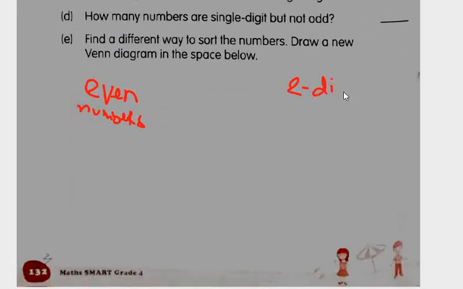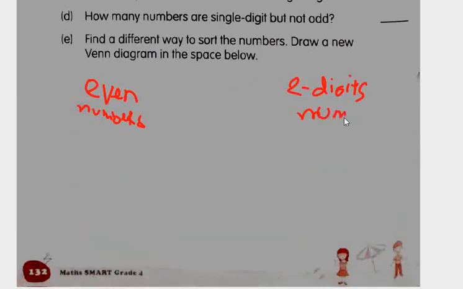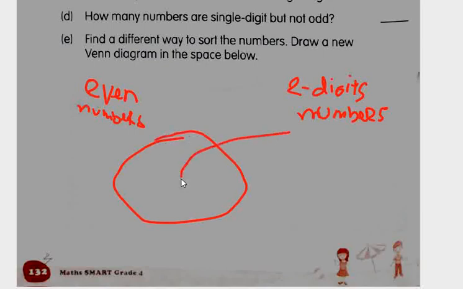Then we have even numbers and two-digit numbers. Then we have to draw the circles. Then put in the data here. I'm sure you can do it on your own.